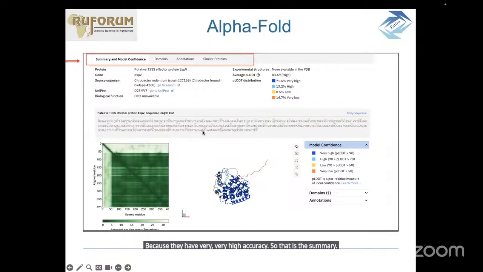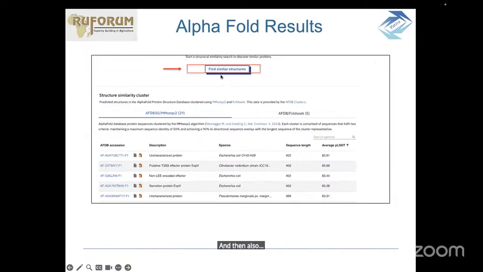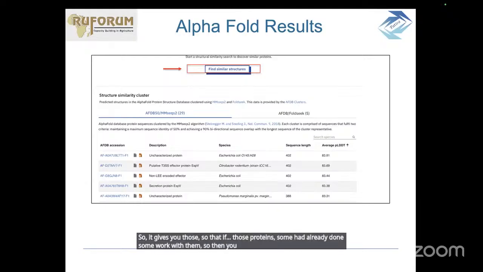And then also, it tells you the proteins that are similar to your protein. It gives you those so that if somebody has already done some work with them, then you don't have to reinvent the wheel.